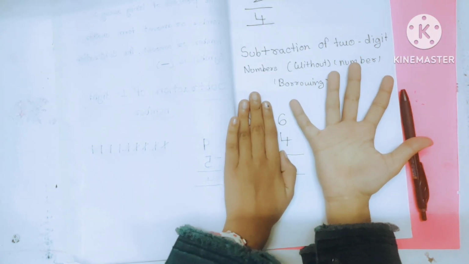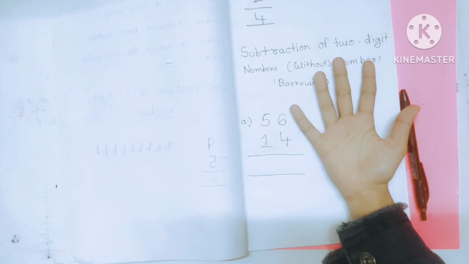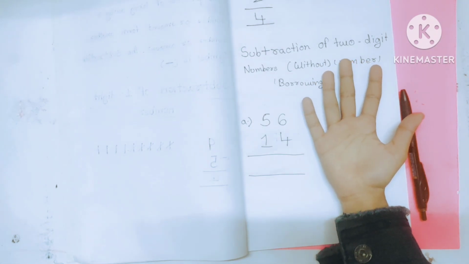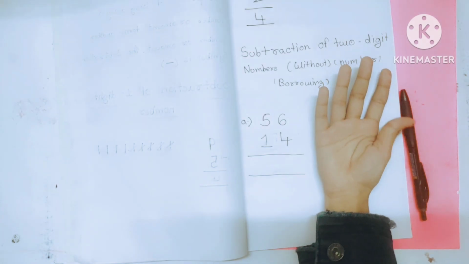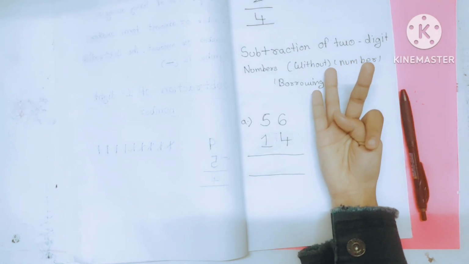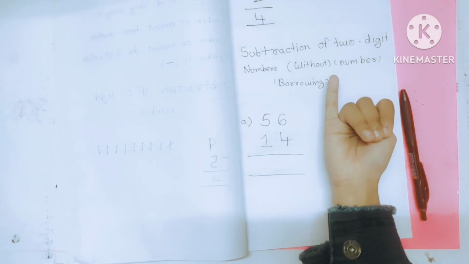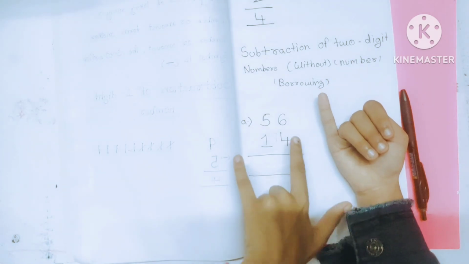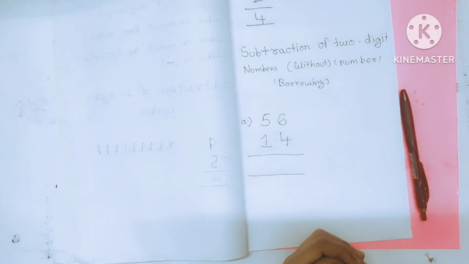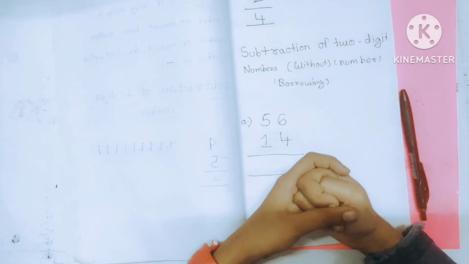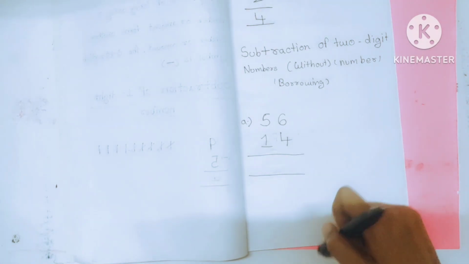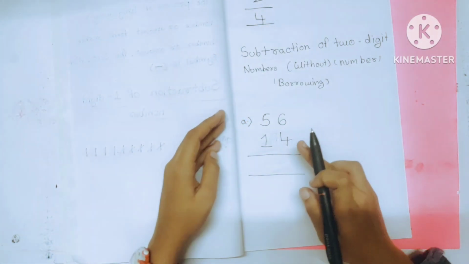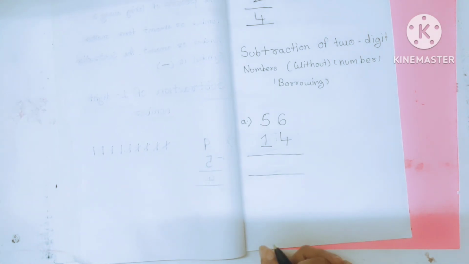Then in our hands, before 6 what comes? 5, 4, 3, 2. We counted 4 lines. So how much came? It came 2. Means 6 subtracted by 4 equals 2.